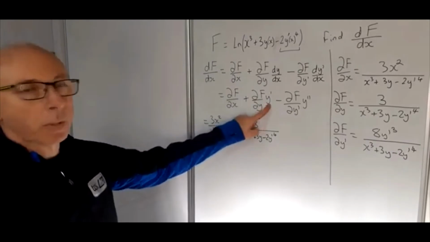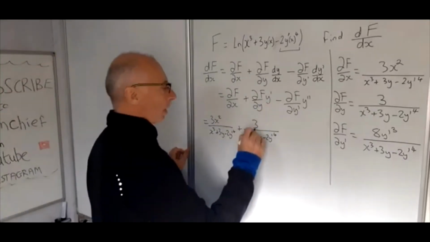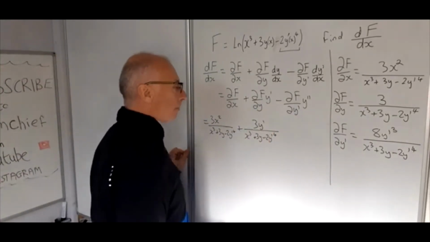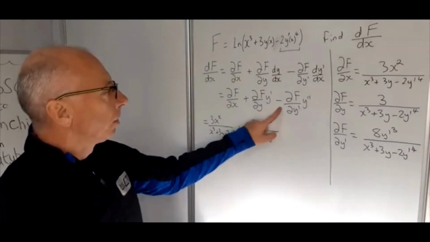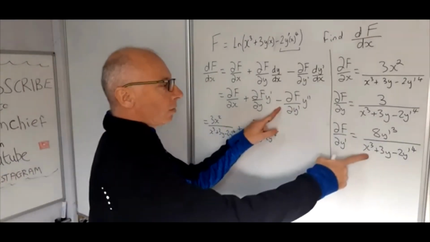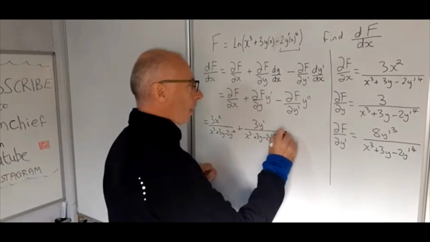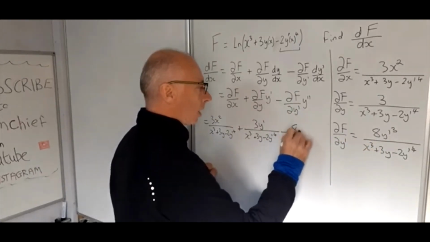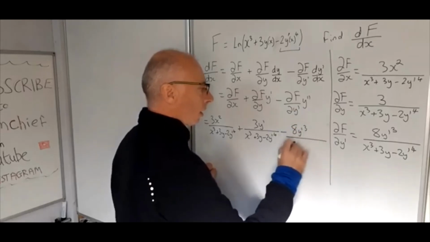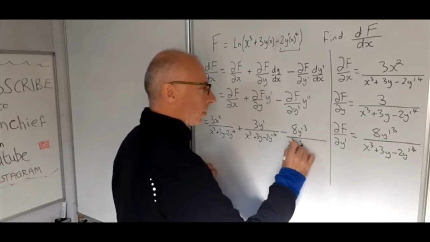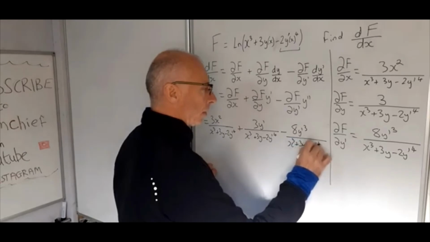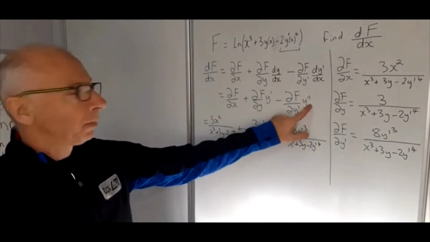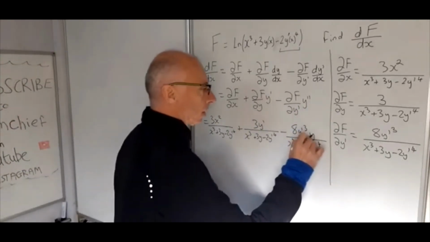And here we're going to have to multiply by y prime. And now we're going to subtract, because we didn't use the minus sign earlier. So now subtract partial of f with regards to y prime, which is 8y prime cubed over x cubed plus 3y minus 2y prime to the power of 4, and then multiplying by the second derivative, that's y double prime.